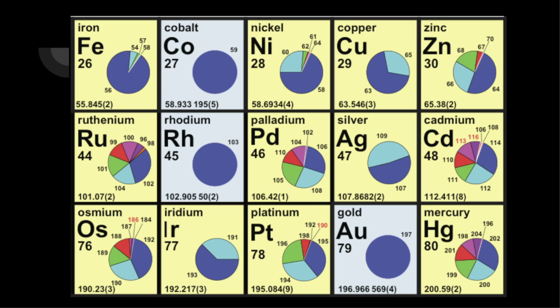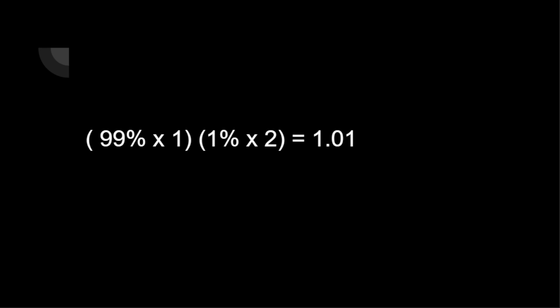We have iron 54, iron 56, iron 57, iron 58. The numbers in red, those are naturally occurring radioactive isotopes. So we've got cadmium 113, platinum 190. So there you go.